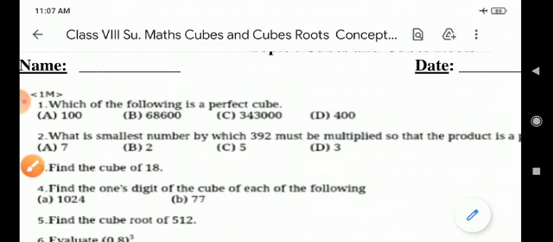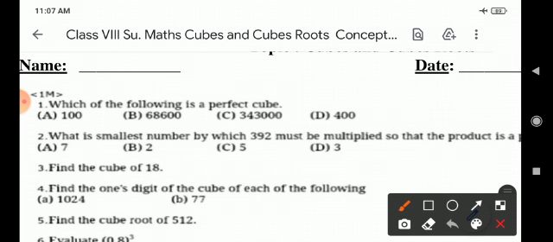Question number 2. What is the smallest number by which 392 must be multiplied so that the product is a perfect cube?